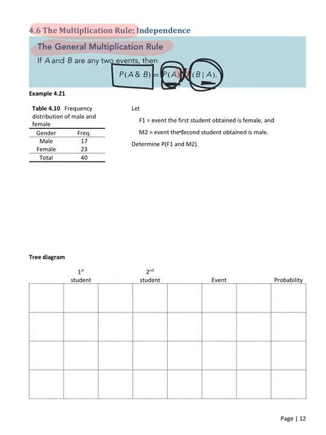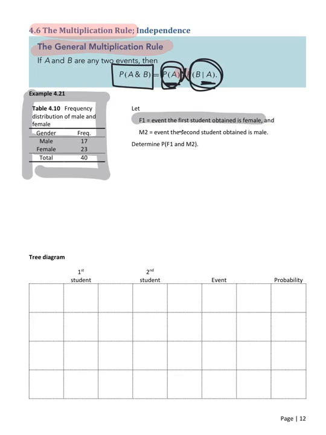So look at this. Now we have 40 students, 17 males and 23 females. Let me define F1. From 40 students, I want to take 2 students, one by one.